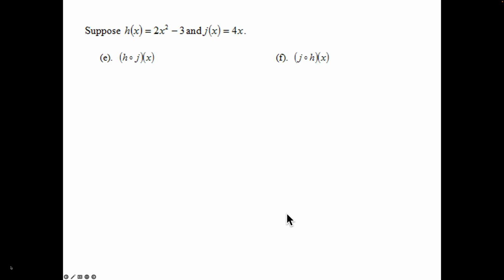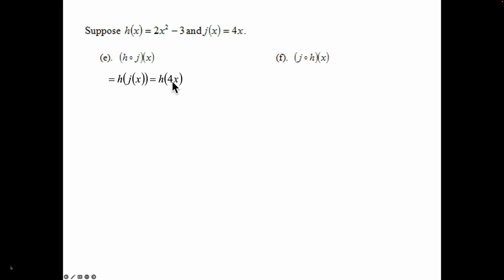Now, what happens when they don't give us numbers? Don't panic. We saw this before. If they give you a numerical value, you come back with a numerical value. If they give you a variable expression, you come back with a variable expression. So h of j of x, written like this, means go find the j of x function, 4x, and substitute it into the h function.